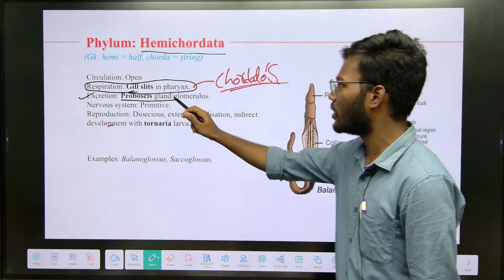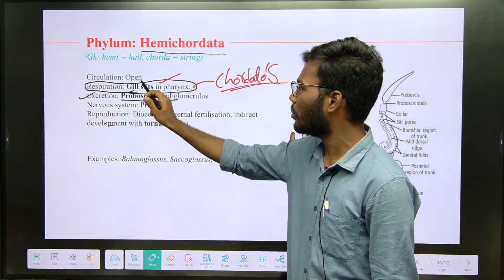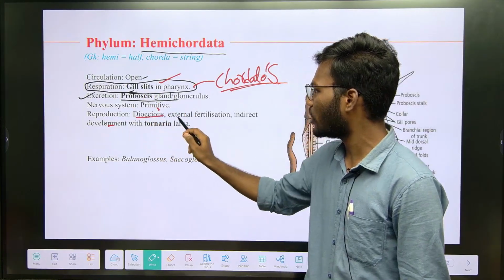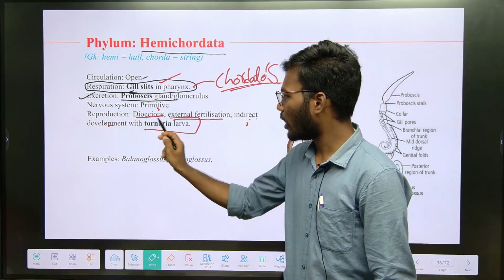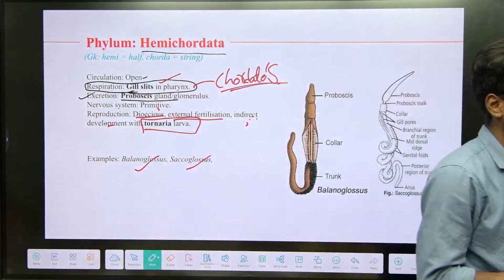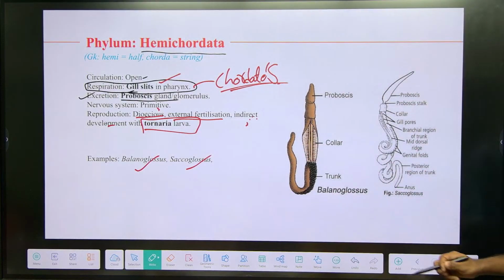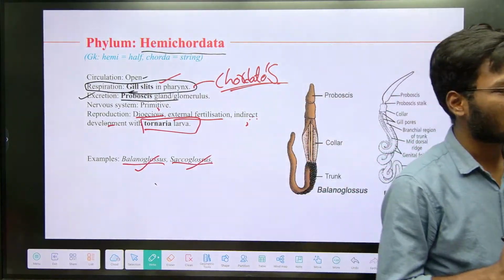Gill slits are present in the pharynx. Whereas the proboscis is for excretion, the nervous system is very primitive, the circulatory system is open, they are dioecious, with external fertilization, and indirect development. Indirect means Tornaria larva. The examples are Balanoglossus and Saccoglossus. These are the only two examples given in hemichordata.